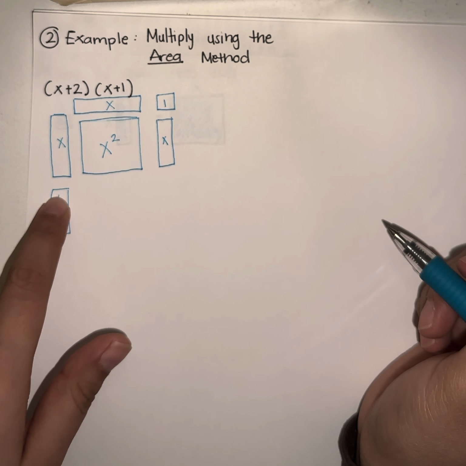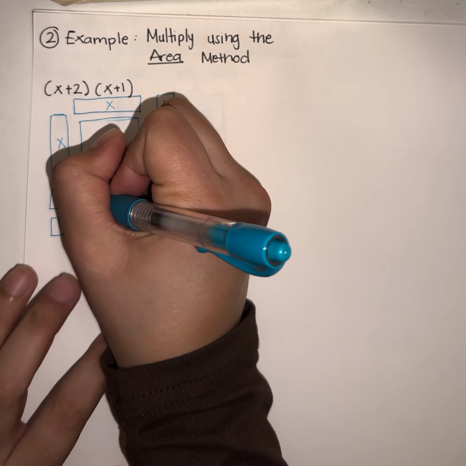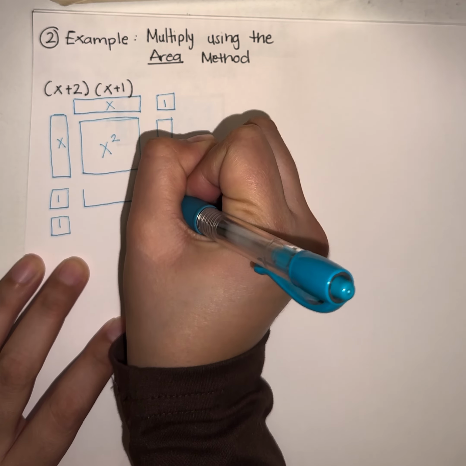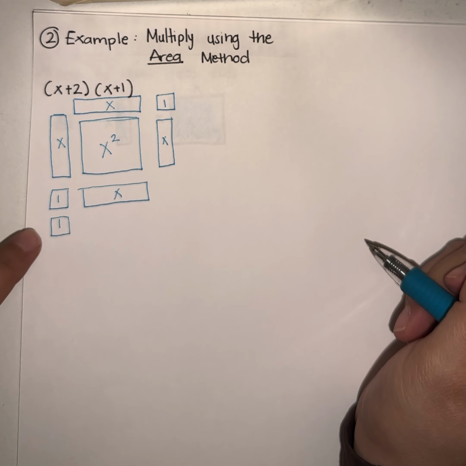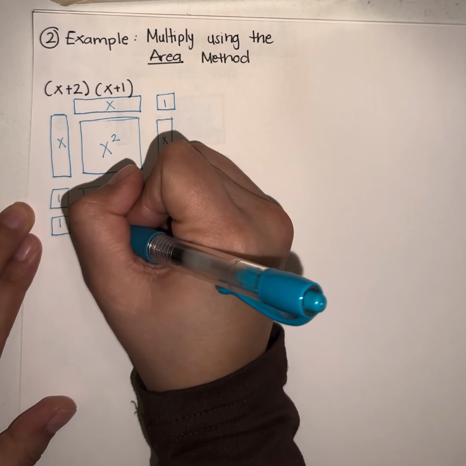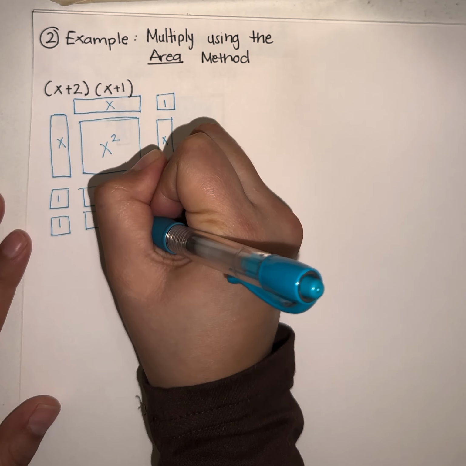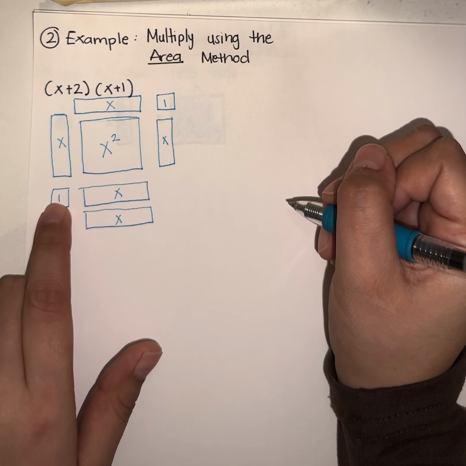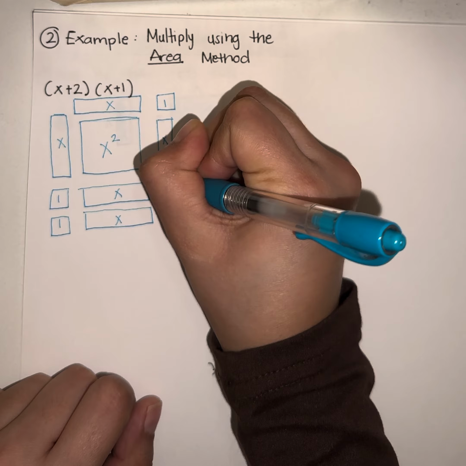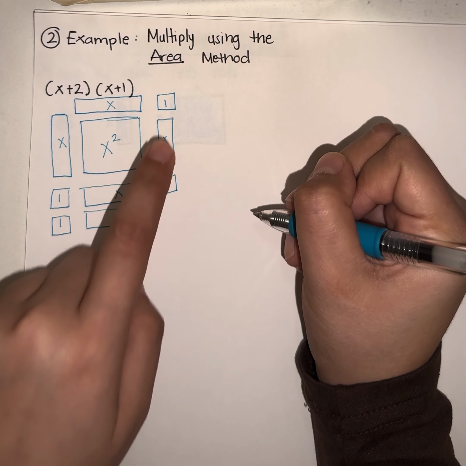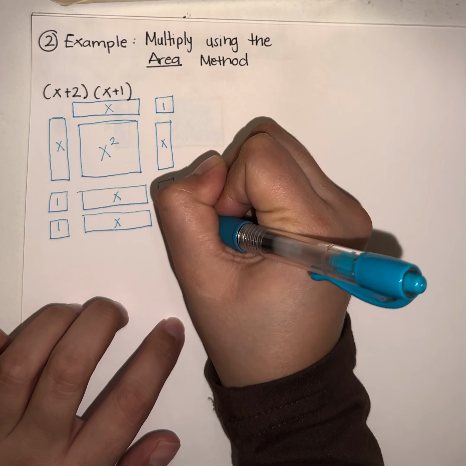Now, 1 times x, x, and we do it again. 1 times x is just another x. Now we have these over here. 1 times 1 is 1. 1 times 1 is also 1.